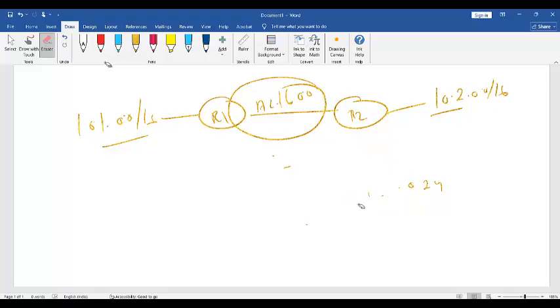Classful protocols are like that. All right, so now we have discontiguous network support because it is classless. It supports VLSM.